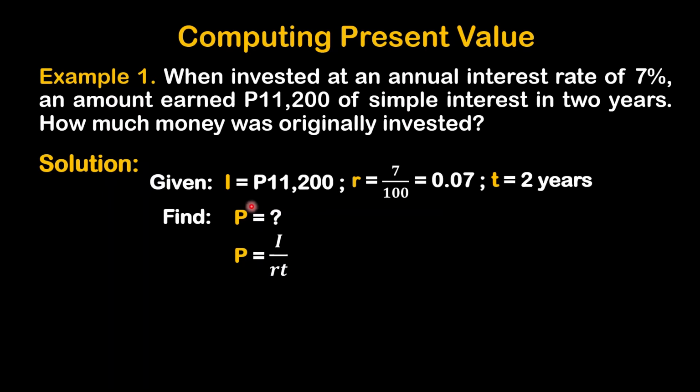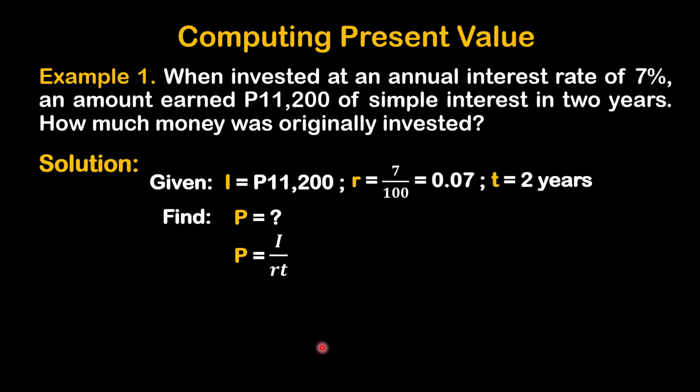We use this because the future value is not given; what is given is the interest. Take note, it is the amount earned, so that is our interest, which is 11,200. So we use P is equal to I over RT.